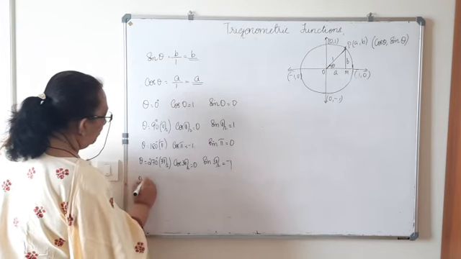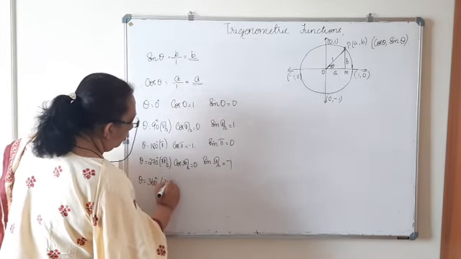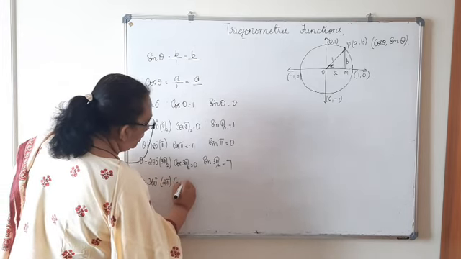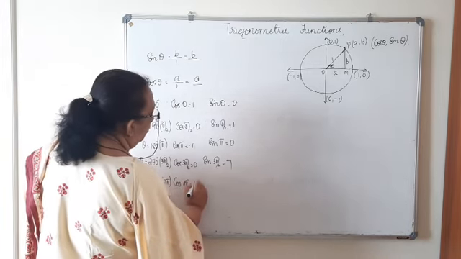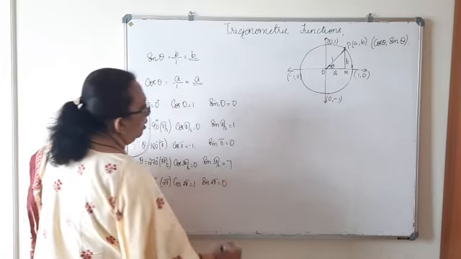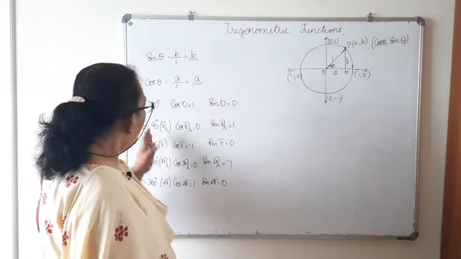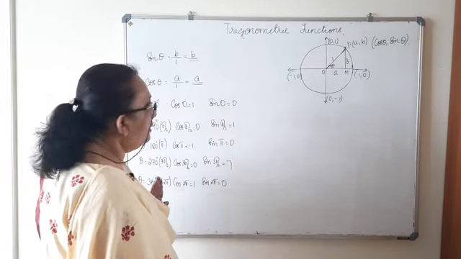And when it completes one rotation, 360 degrees, 2 pi, cos 2 pi is equal to 1, sin 2 pi is equal to 0. So, from the unit circle, you get the standard values at 90, 180, 270 and 360.